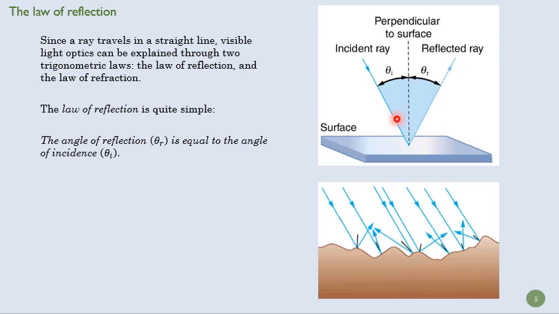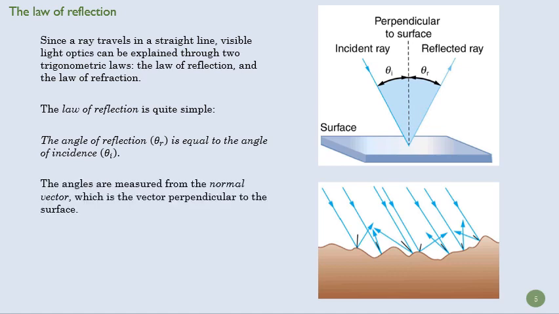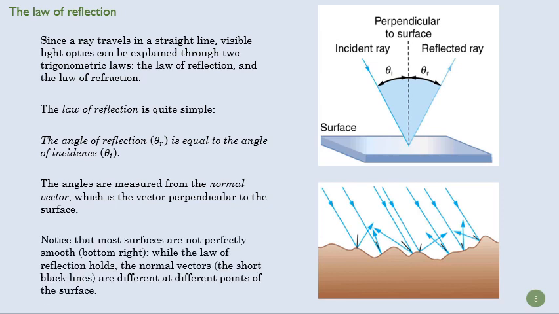And so these two angles here are equal, and it reflects in the way that we would expect something going in a straight line to reflect. Now, that gets a little confusing when you look at light hitting, say, a rough surface, where you don't see a perfect reflection. What you'd have to do is look at a microscopic picture of that surface.